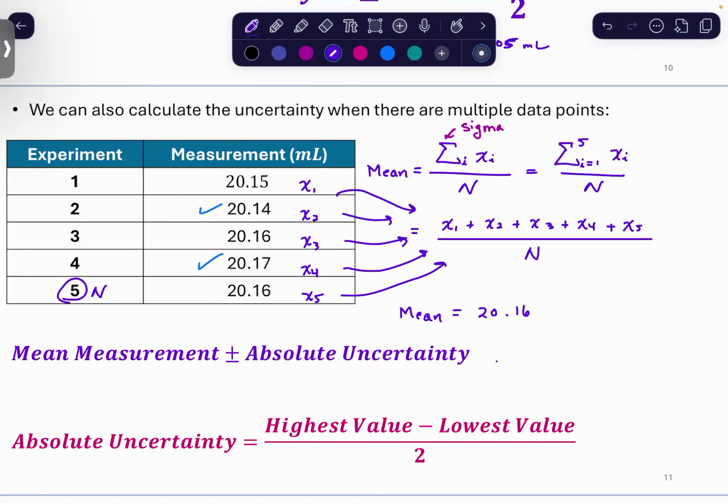Now, 20.16 plus or minus 0.02 shows the uncertainty across all of your measurements. Again, this will be your 20.17 minus 20.14 divided by 2, and that's going to give you your 0.02. So that's another way to deal with uncertainty.